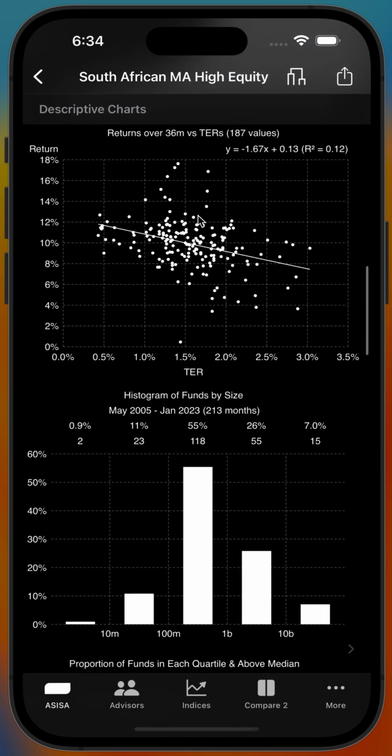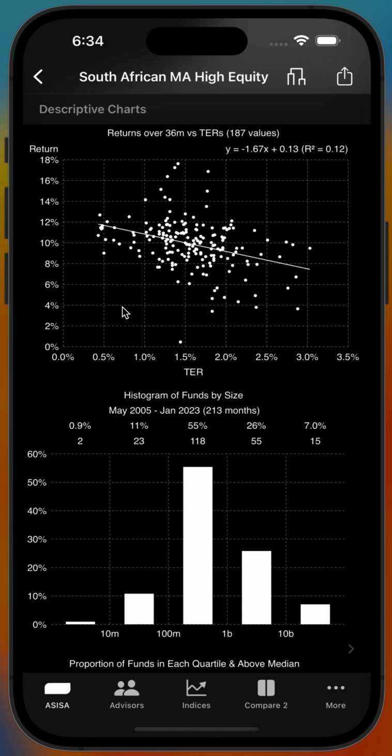This chart here just shows you the returns over the previous 36 months, so 3 years, versus the TER of the fund, just to look for a relationship between those two variables. In other words, is it true that the more expensive funds give you the lowest returns and the least expensive funds give you the highest returns?